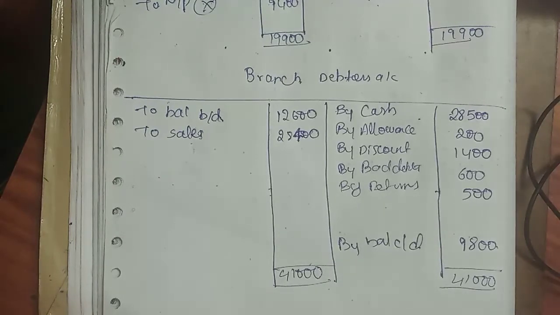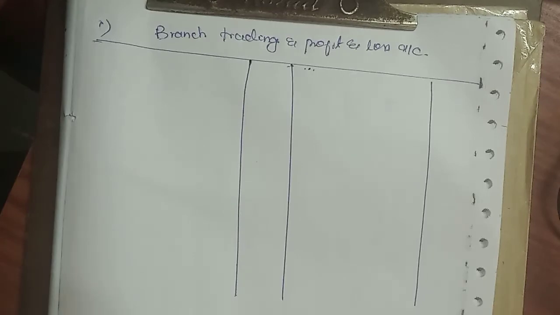Now next we are doing the C part, the branch trading and P&L account. This is the normal format, and we are doing it as a normal trading and P&L account. Nothing much about this. So we'll start.